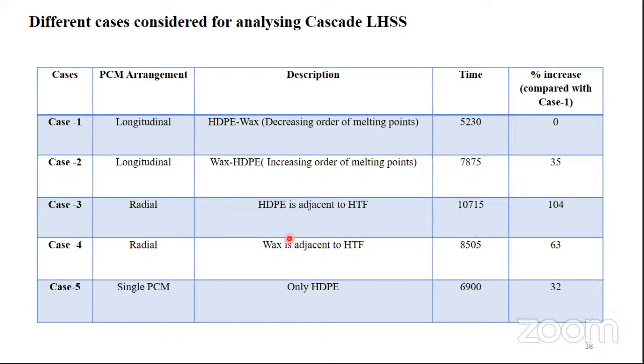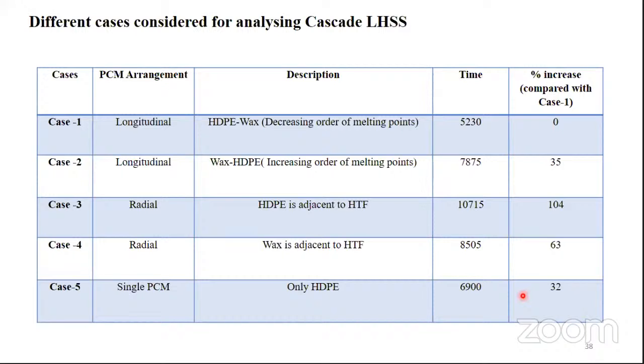And then to find out whether HDPE should be placed adjacent to the heat transfer fluid, or the wax should be placed adjacent to the heat transfer fluid. Of course, we then compared it with the base case where we have only a single PCM, and that PCM was the high density polyethylene.